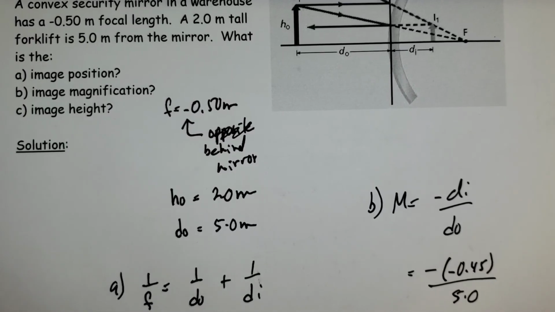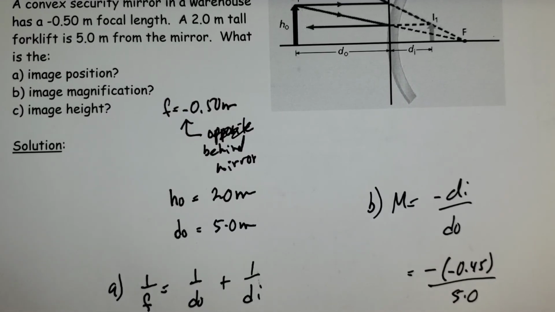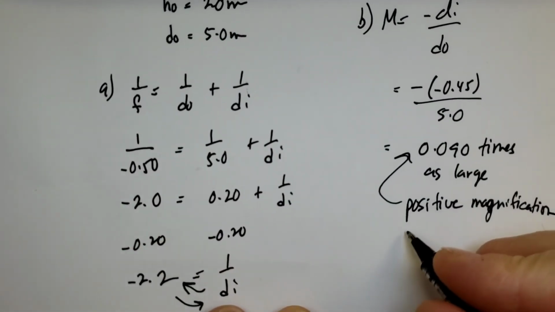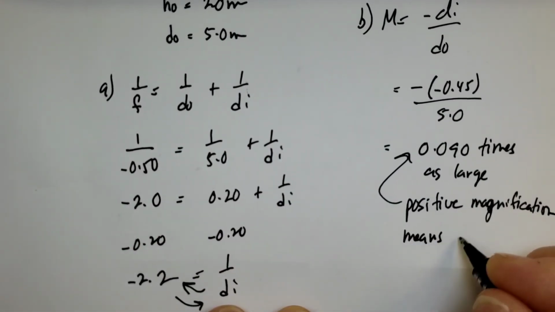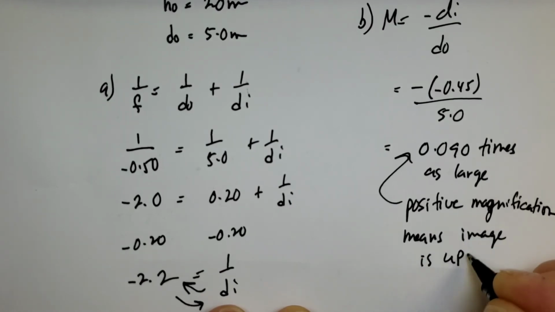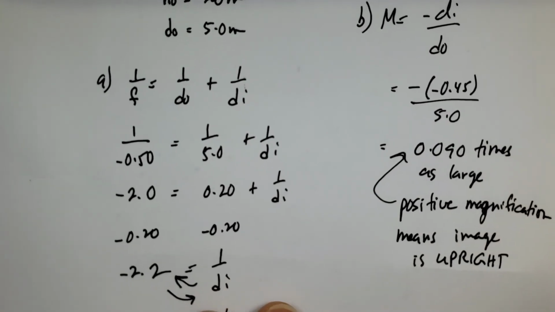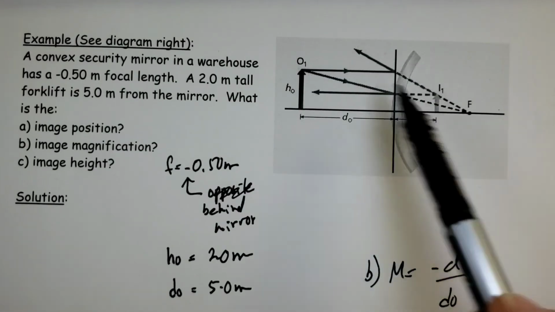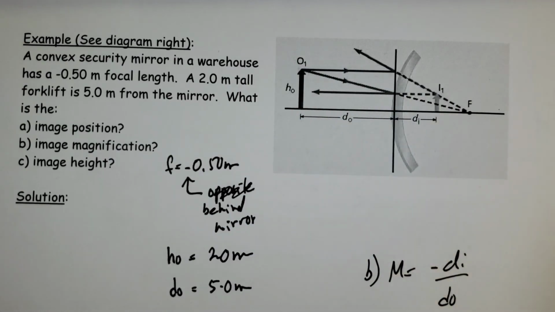Now, positive magnification means the image is upright. Because remember, when I got negative magnification, it means it is inverted, opposite as the object. But if I get a positive magnification, that means, oh, that's both upright.